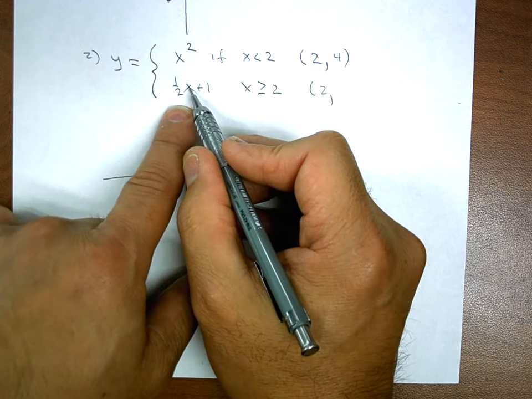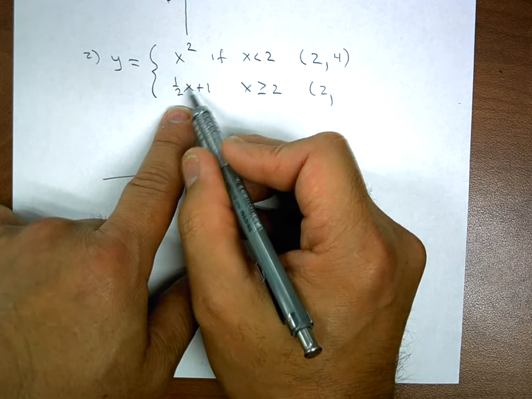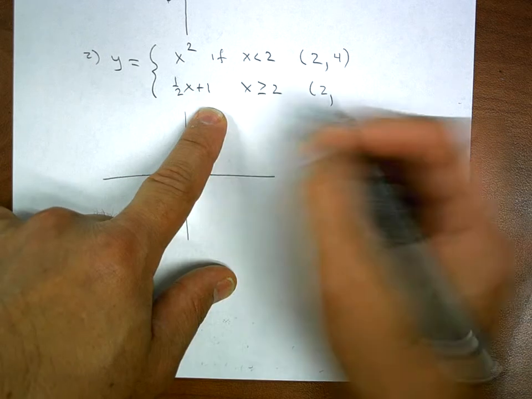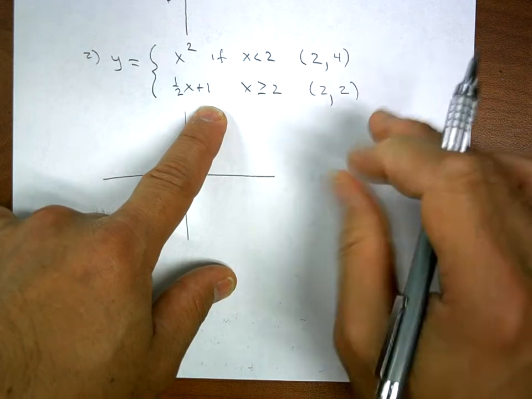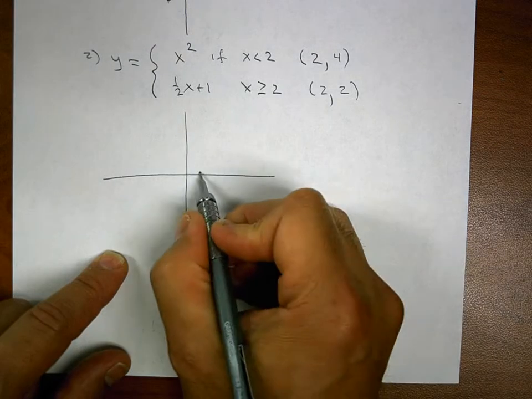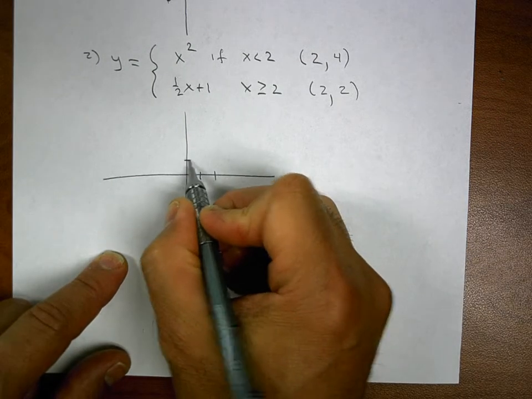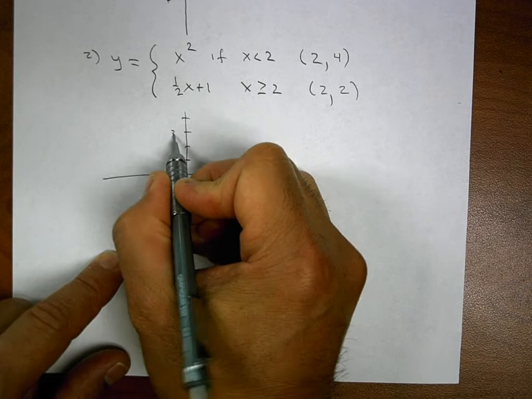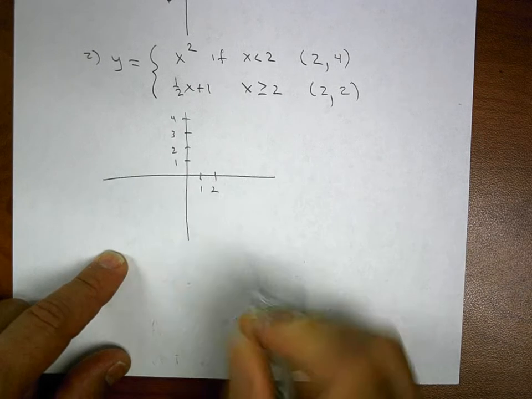What's half of 2? Half of 2 is 1, plus 1 is 2, so 2 comma 2. So we can do that. Now we plot. Okay, so 1, 2, 1, 2, 3, 4, 1, 2.